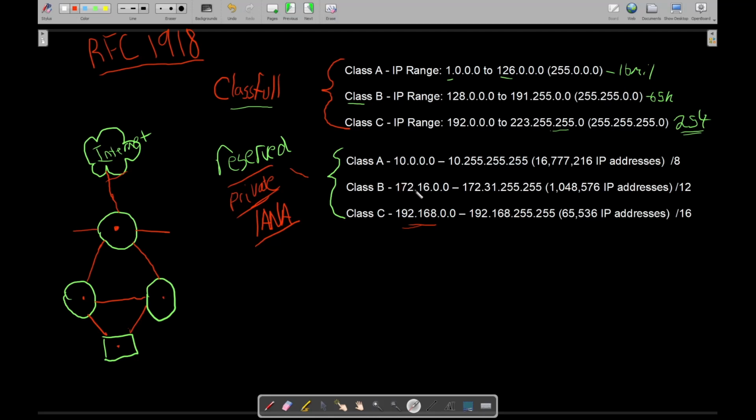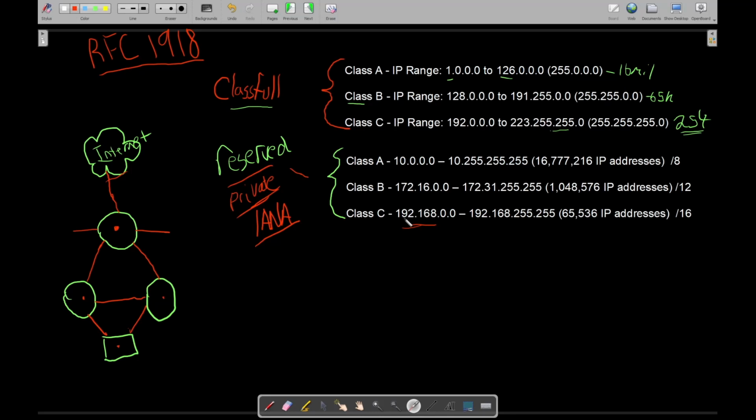Class B, they gave us a small range, 172.16 to 172.31. Class C, they gave us 192.168.0.0. Anything in that range, .0.0 to 255 in the last two octets, that's all ours. Now, if you're like I was and you're wondering why it has two zeros there, but up here it says that it takes 3 octets?